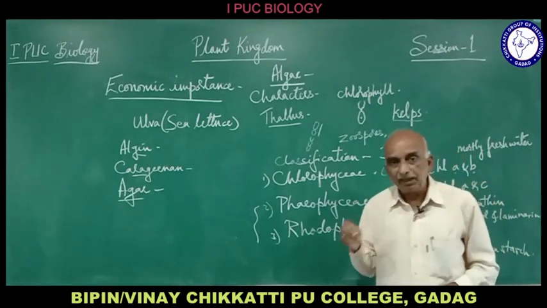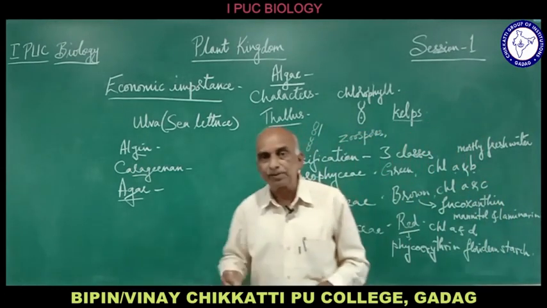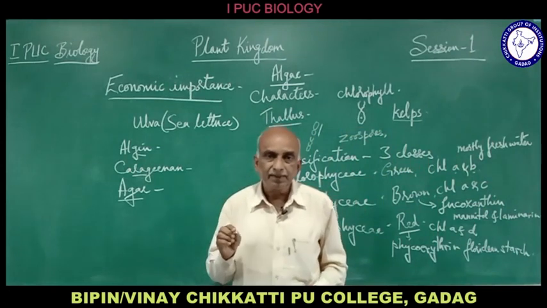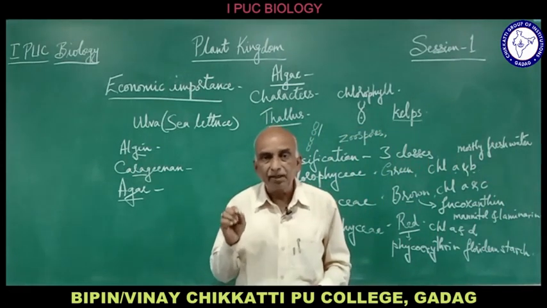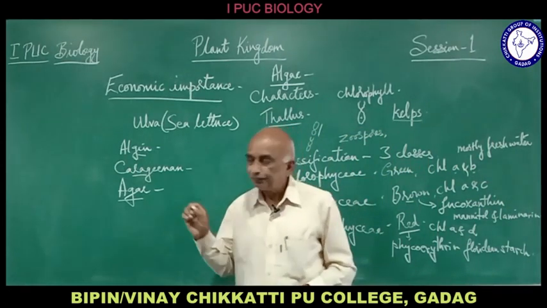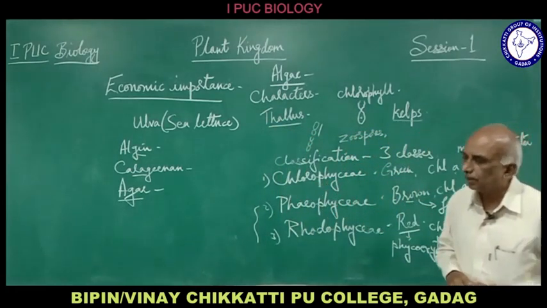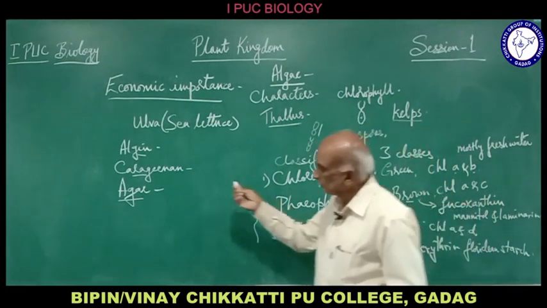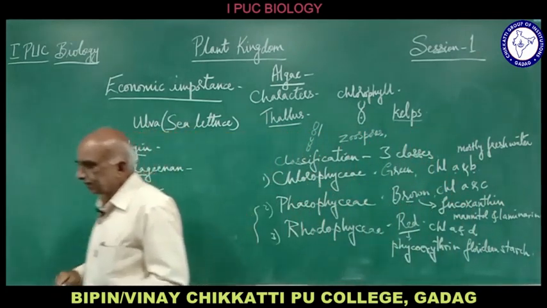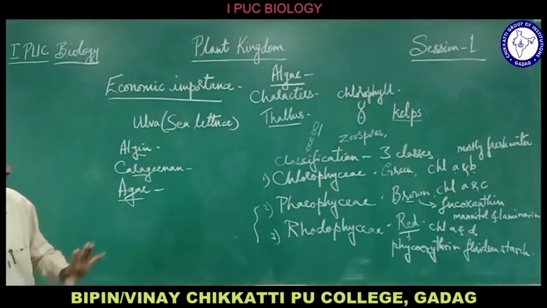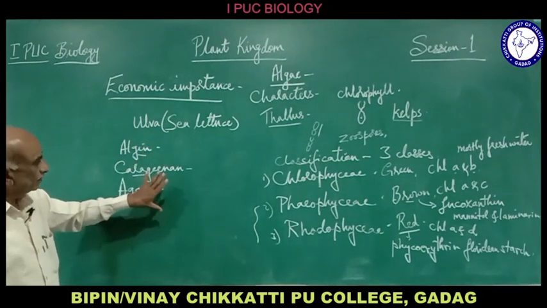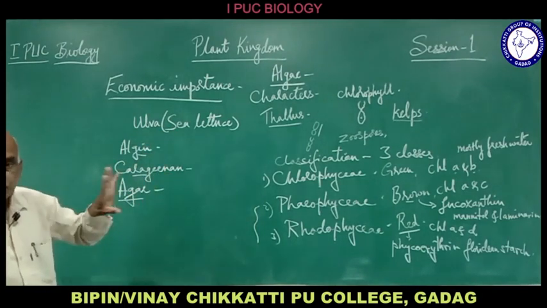There is an algae called cephaleuros, which causes a disease called red rust in coffee plants. We are not supposed to study the harmful effects. So economic importance here, for the time being, concerns only the uses of algae.